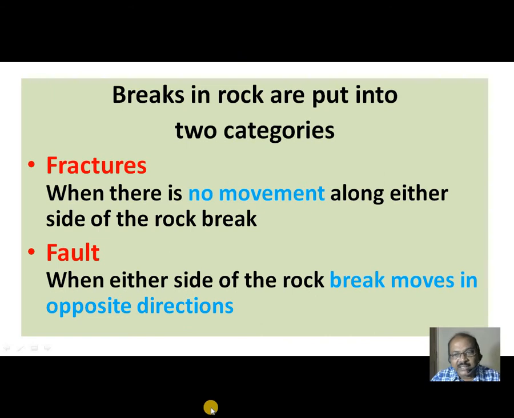When, on either side of the rock, we notice the break moves in opposite directions, in such a case we can say fault. So this is the difference between fractures and fault. There is no movement at all along either side of the rock break in a fracture, and there is a movement in opposite directions in case of a fault.